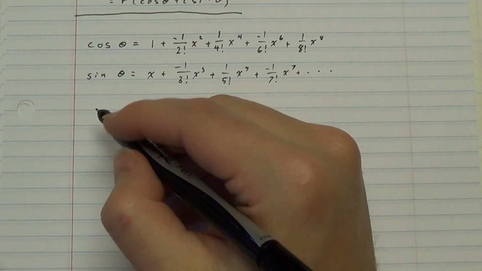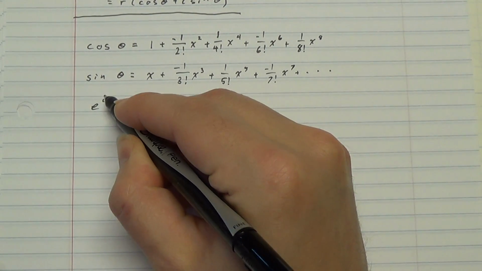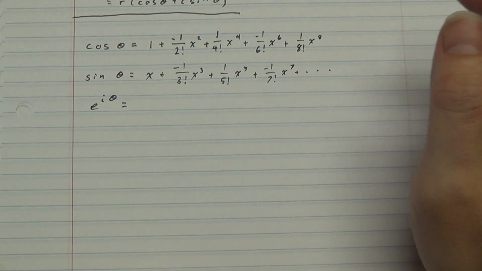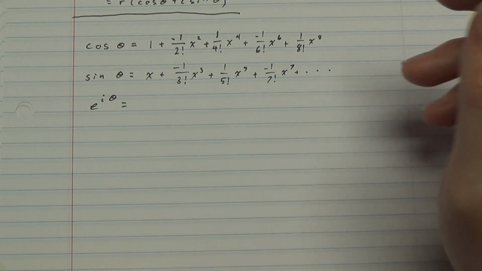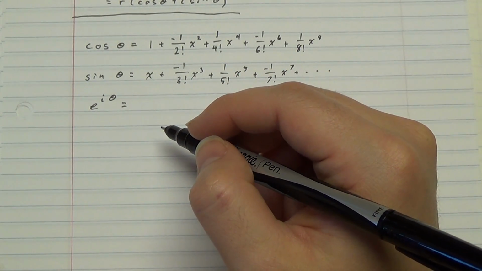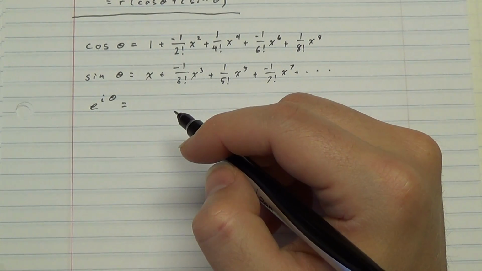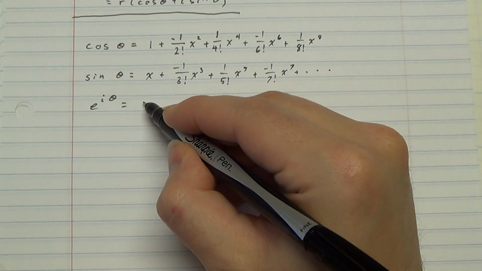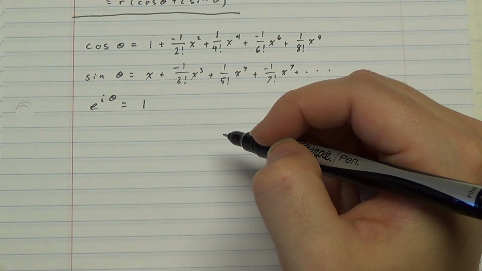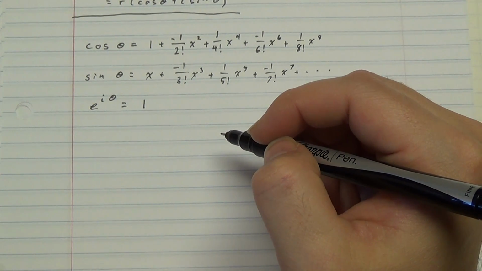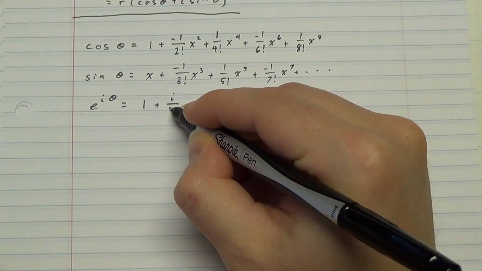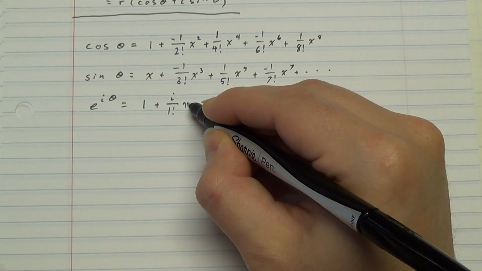Do the same thing for, and this may seem like it's coming out of absolutely nowhere, but e to the i theta. Well, we know how to take derivatives of this, so we know how to take a Maclaurin series. The value of e to the i theta at 0 is 1. Its first derivative is i e to the i theta. The value of that at 0 is i, so plus i over 1 factorial, which is just 1, x.